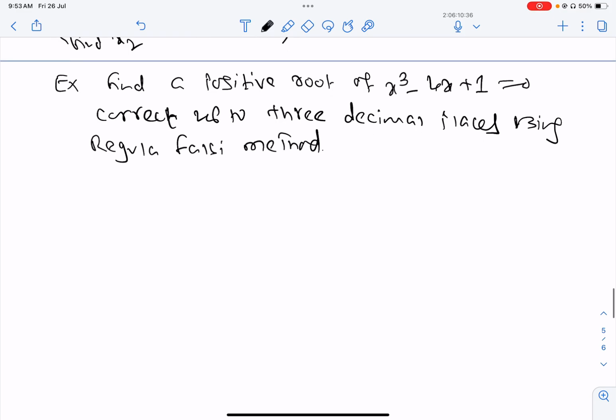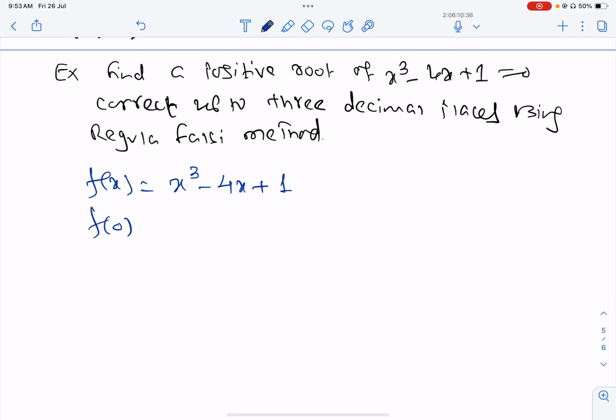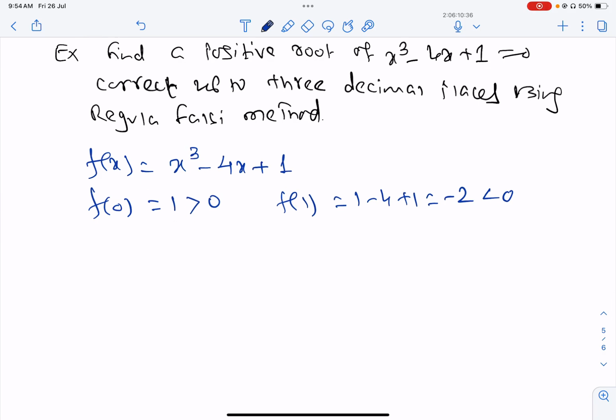Okay, so here let us see, f(x) is x cube minus 4x plus 1. Now f(0) is 1, this is positive. f(1): 1 minus 4 plus 1 is minus 2, negative. So you can say that the root lies between 0 and 1.